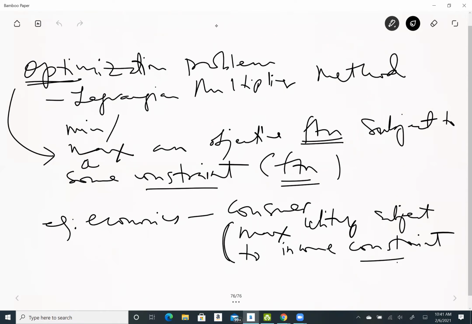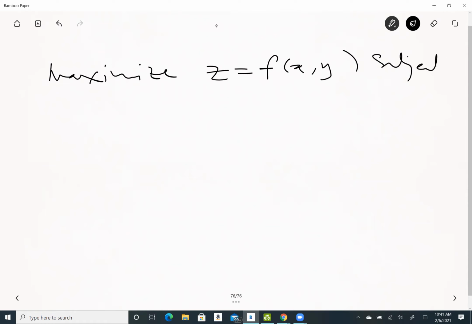So let me state the problem. Our problem will be to maximize. I will start with maximize, then we put minimize because everything is the same. Maximize the function z equal to f of x, y. That is our objective. Subject to the constraint, which is another function.